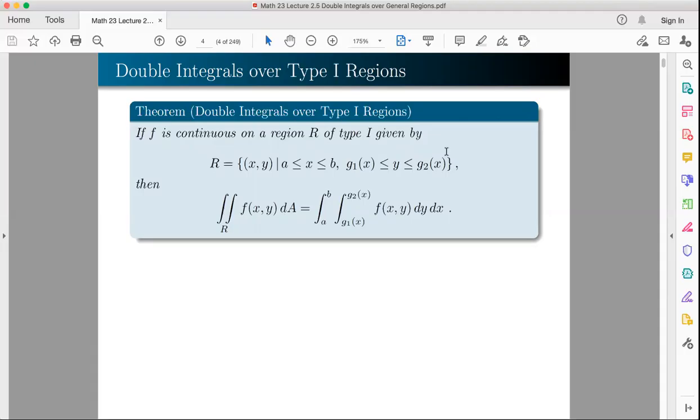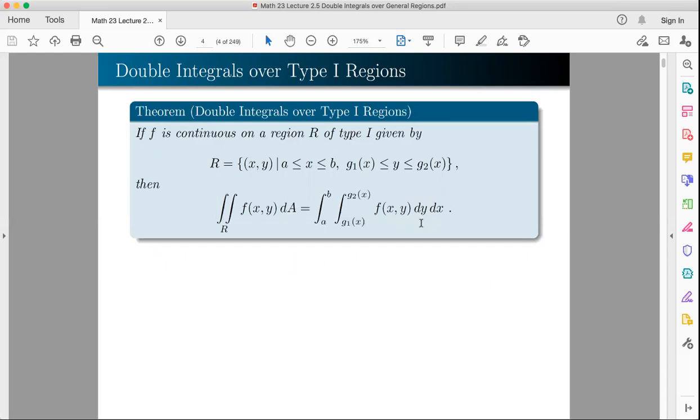Then we have this result that the double integral of f over the region R is the double iterated integral. So the outer integral is from a to b with respect to x, and the inner integral is from g sub 1 of x to g sub 2 of x with respect to y.